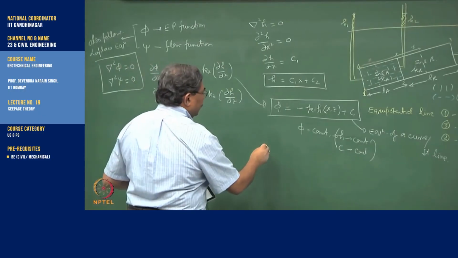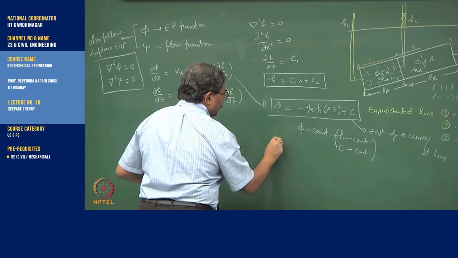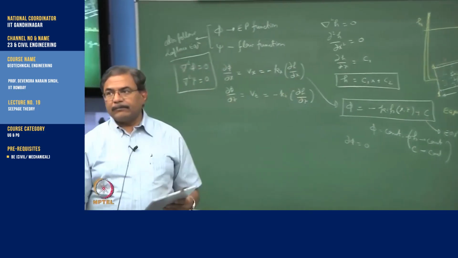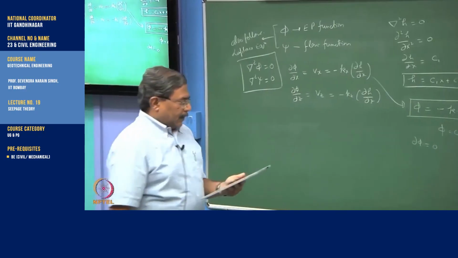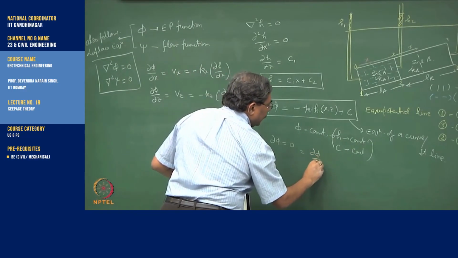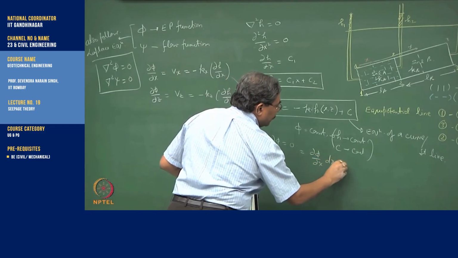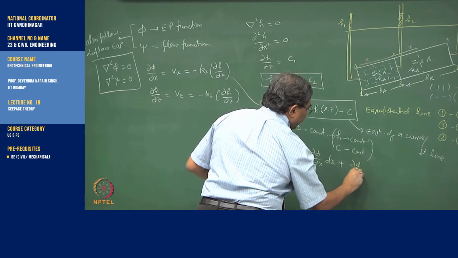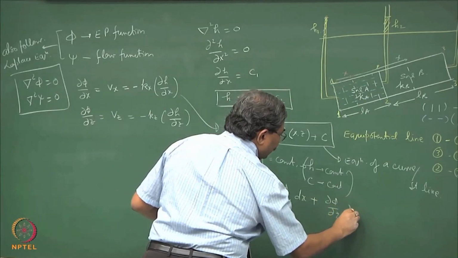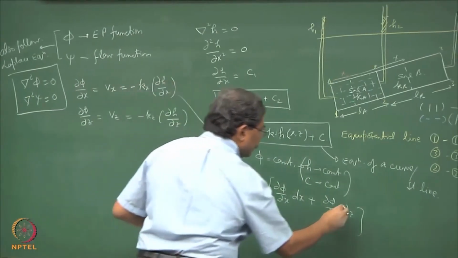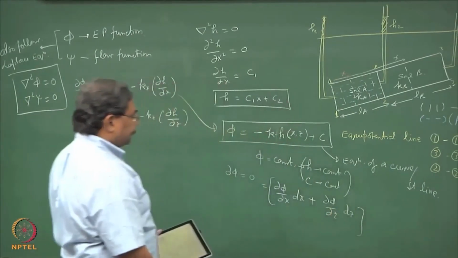If this is the situation, I can say that del of phi will be equal to 0, and del of phi can be written as del phi by del x into dx plus del phi by del z into dz, sorry.